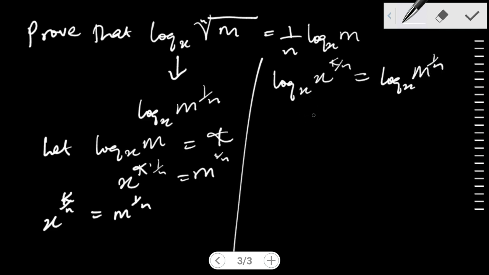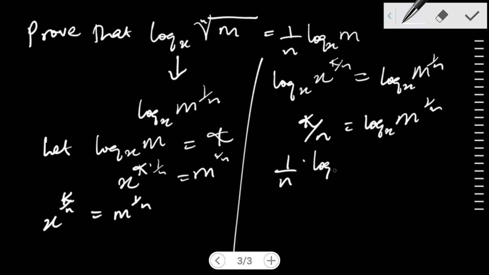So this is going to be k out of n, which would be equal to log of x m to the power 1 out of n. And so, but we know what k is, therefore 1 out of n, k is something that we had here.